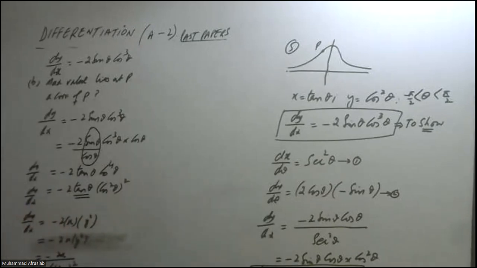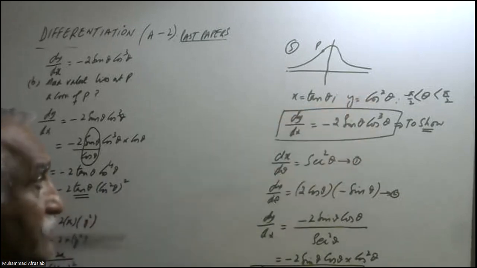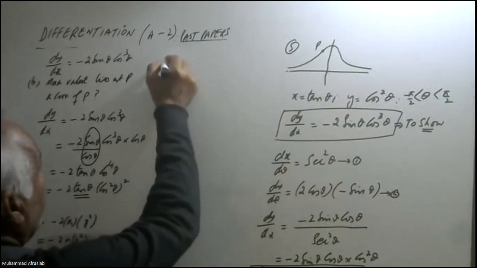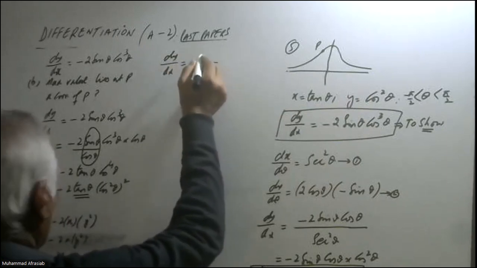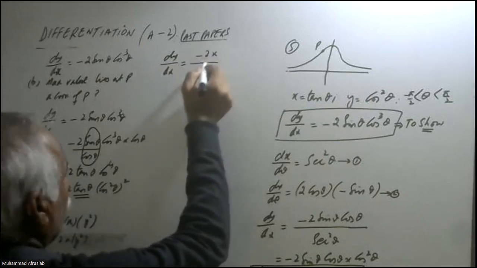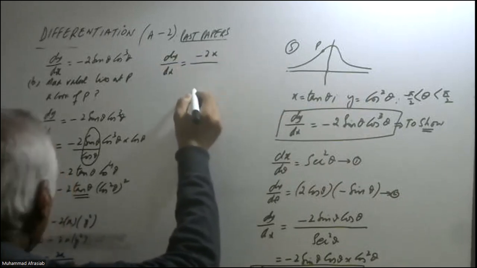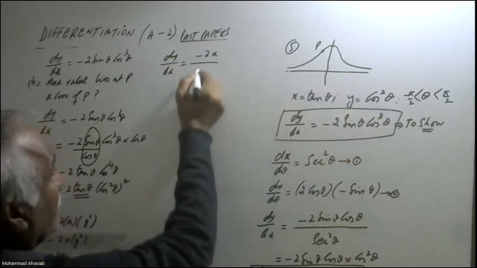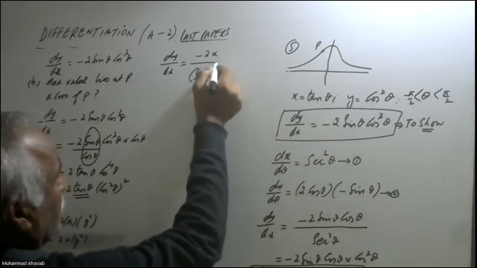That can be written as minus 2x over (1 over y) whole square, because y is basically equal to cos square theta. So dy over dx is equal to minus 2x over (1 over y), and 1 over y is 1 over cos square theta, which is secant square theta, whole square.